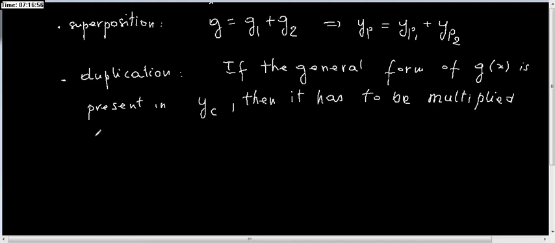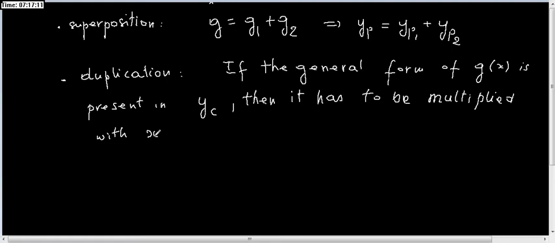This is to remove the duplication. And we have to continue this process as long as the duplication is there. So we'll come back to this later with an example.